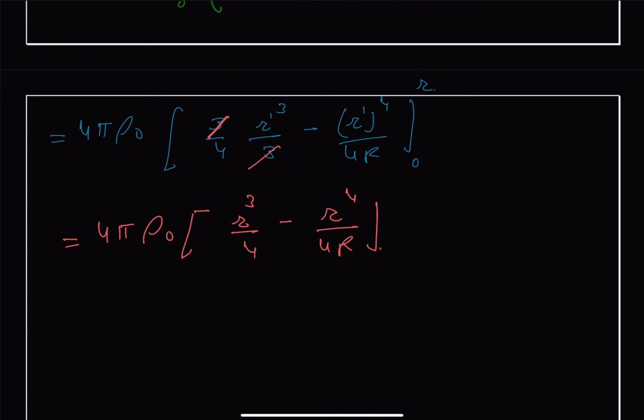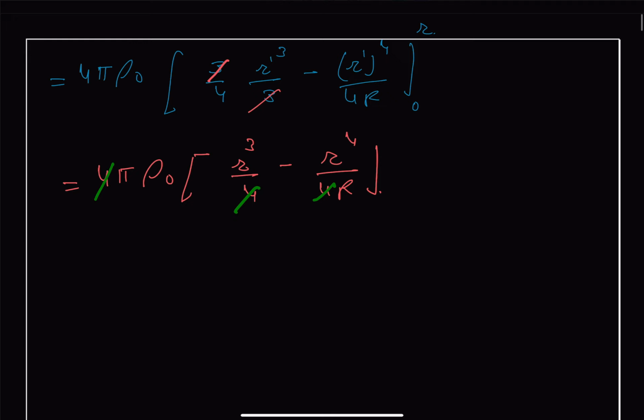We can take r cube by 4 as common, so the 4 and 4 go away, and this will be equal to pi rho naught r cube times 1 minus small r divided by capital R.